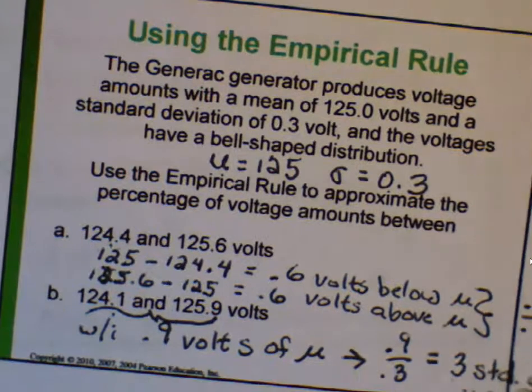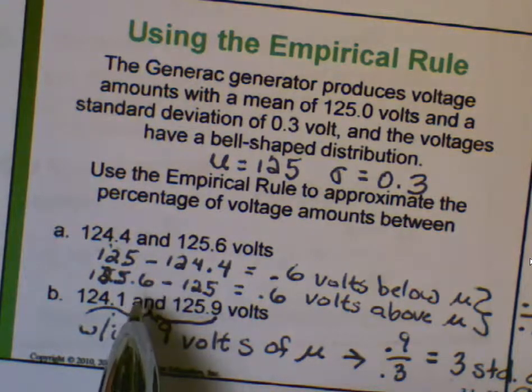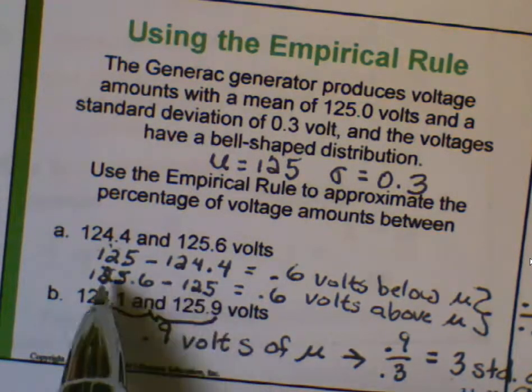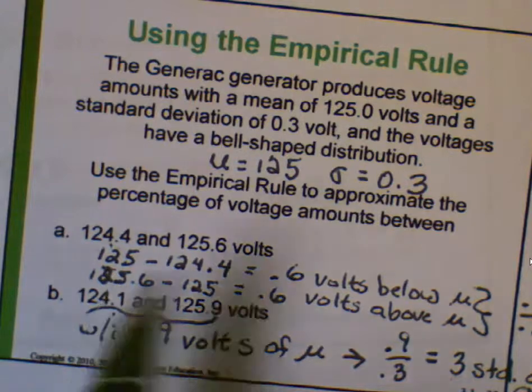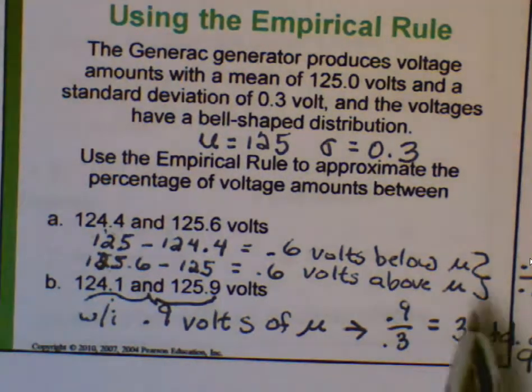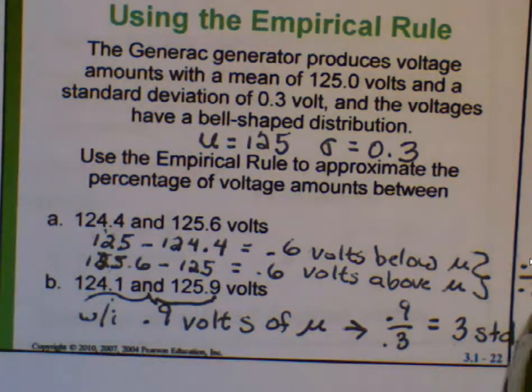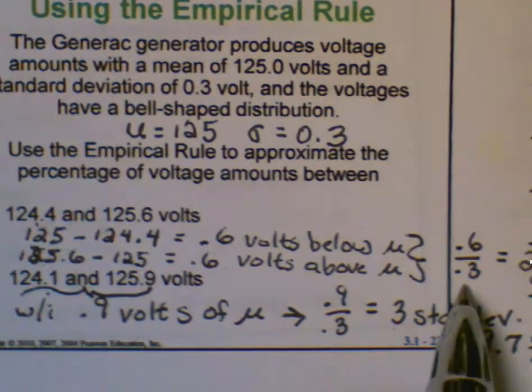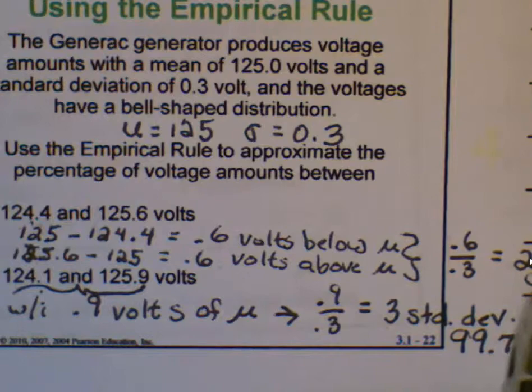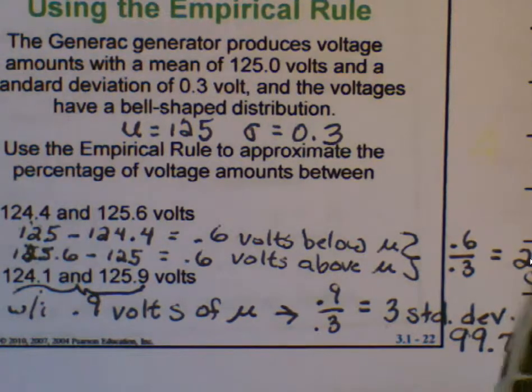That's exactly what we did here when we subtracted the mean from 125.6 and said that's 0.6 volts above the mean, and then we divided by the size of a standard deviation and said that's 2 standard deviations of the mean. That corresponds to a z-score of 2.